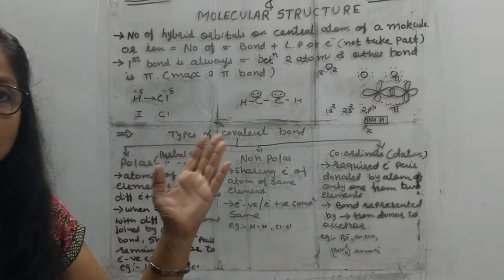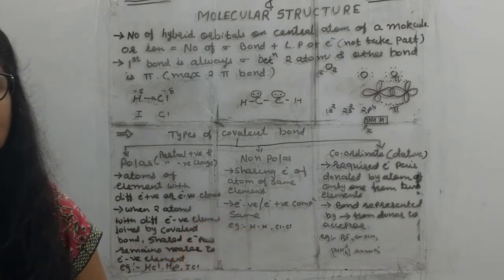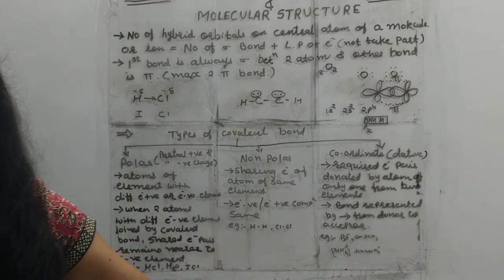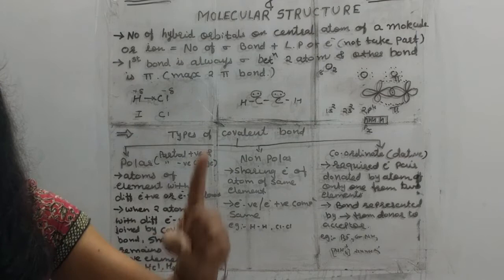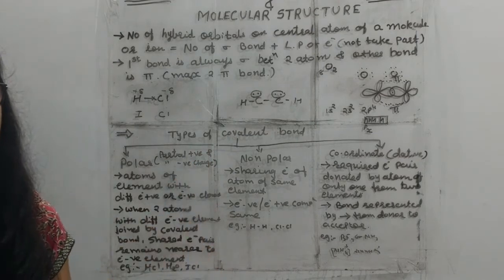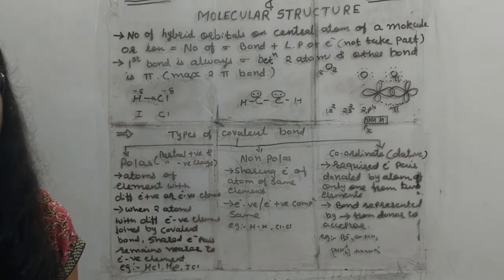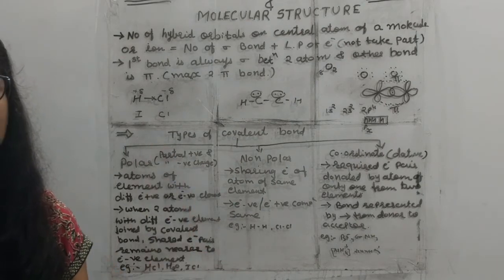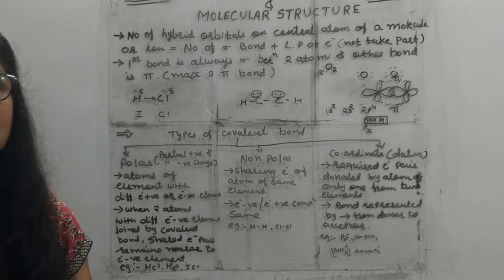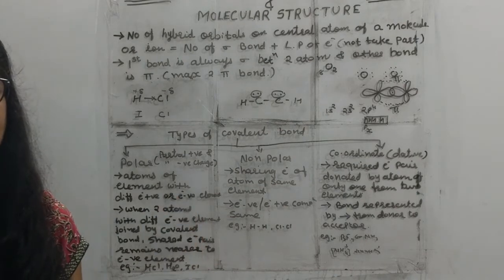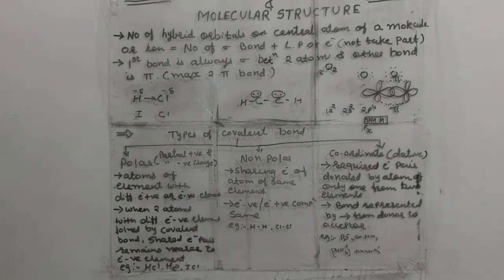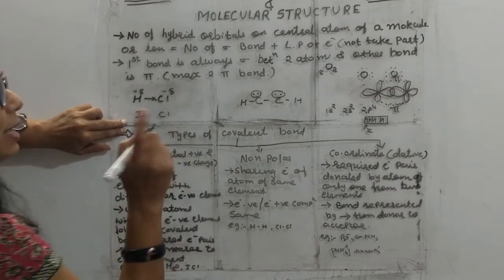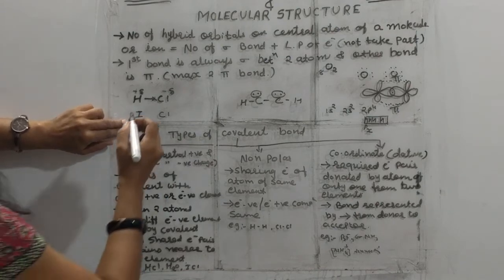You know that elements on the right hand side of the periodic table are more electronegative than the left hand side, but if it is the same group, then down the group, as we have already studied in unit 3, electronegativity decreases. That's why in ICl, iodine is less electronegative than chlorine.